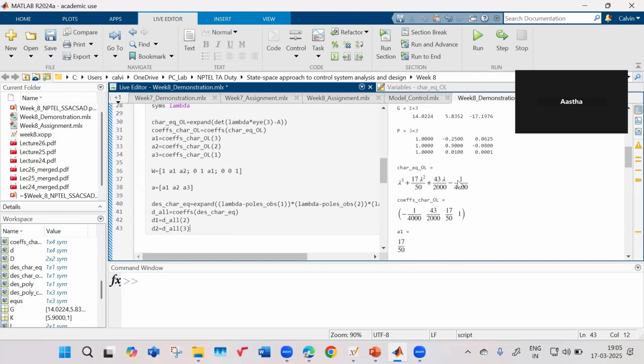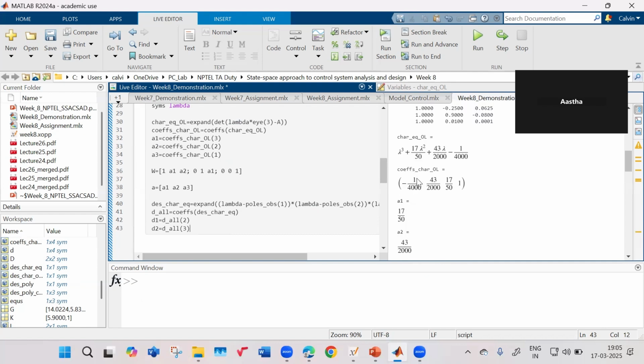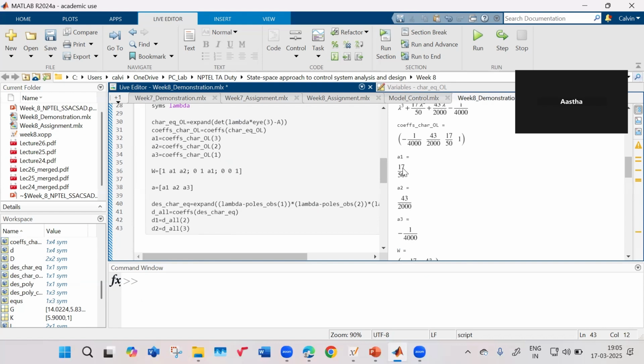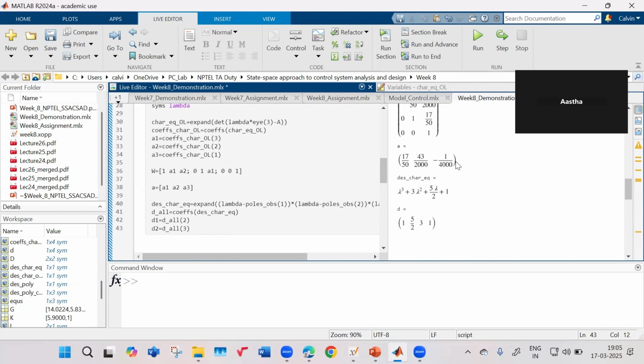This comes in the opposite order. So this is our A3, A2, A1. This comes with lambda cube plus D1 lambda square plus D2 lambda plus D3. The coefficients of D are given by 1, the last one, 5 by 2, the second last one, 3.